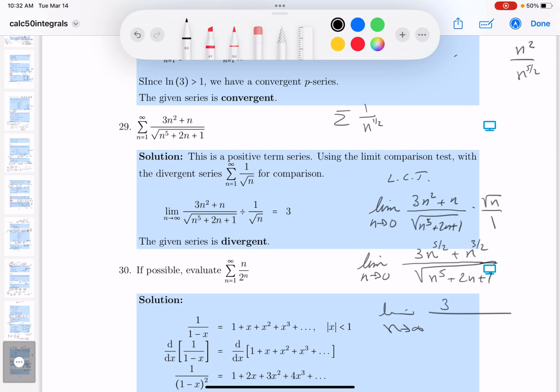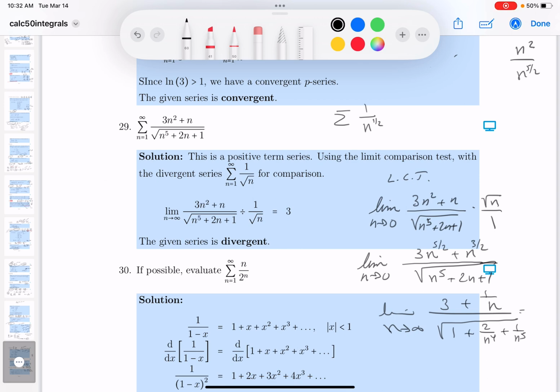You're going to get 3 plus 1 over n, and then over here, 1 plus 2 over n^4, and then plus 1 over n^5.